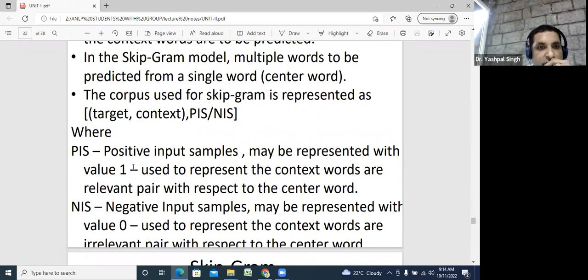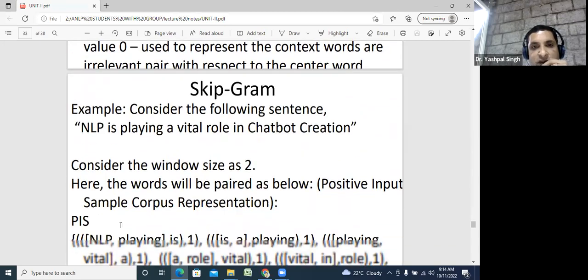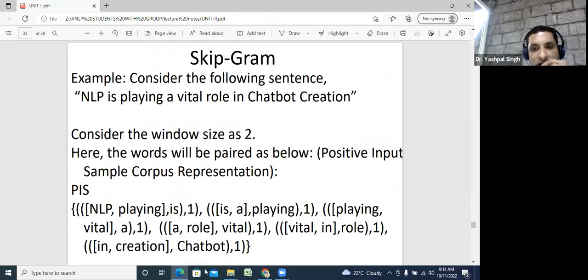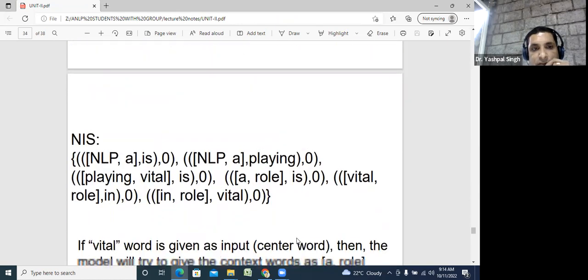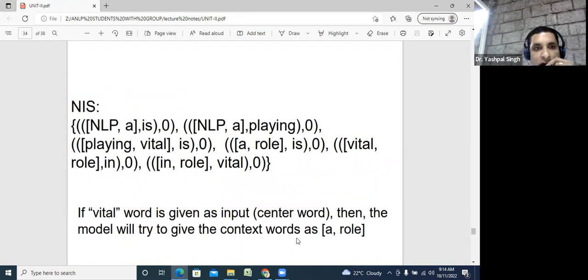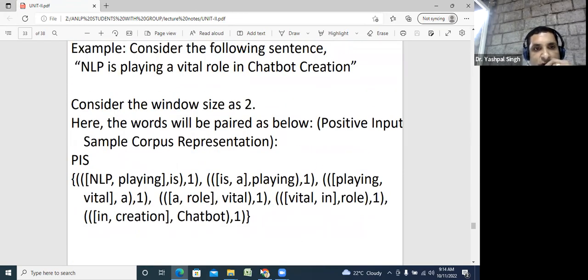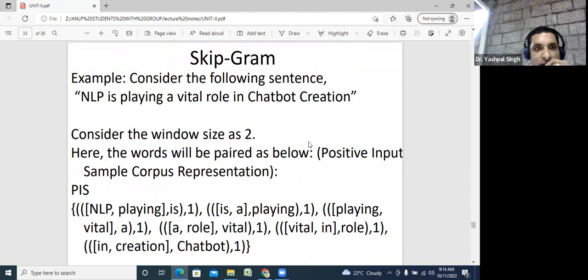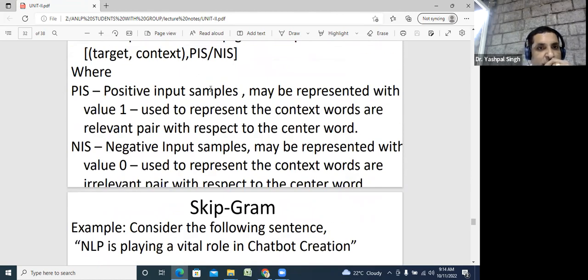Same thing we are using for the values. This is 1 for the positive input values and 0 for the negative input values. In this sentence we have the positive values, so that's why we are using 1. So that is how we create the positive values using positive input samples.